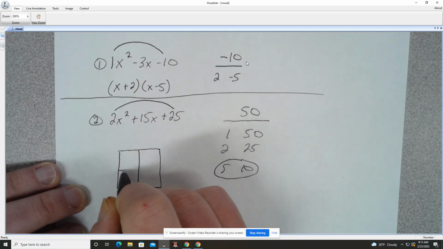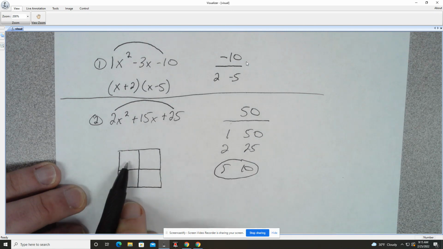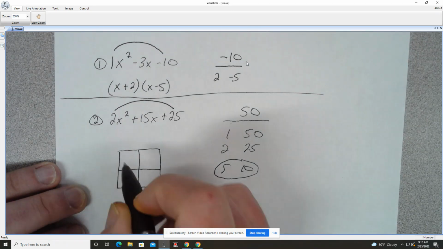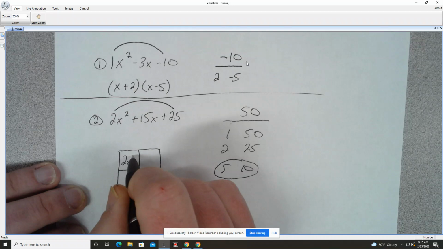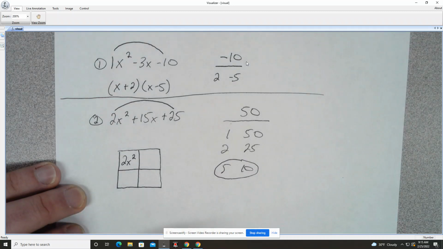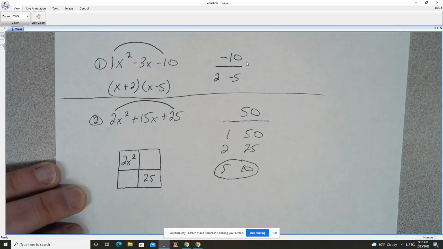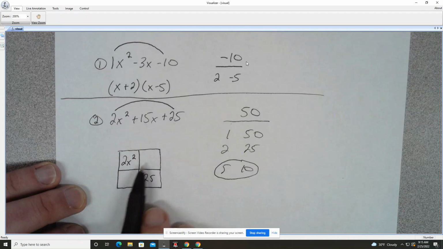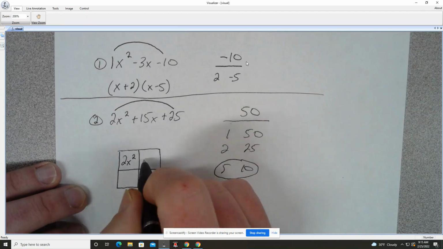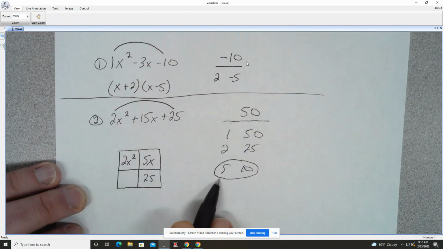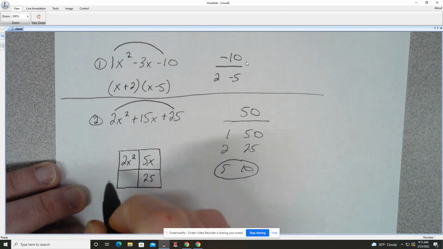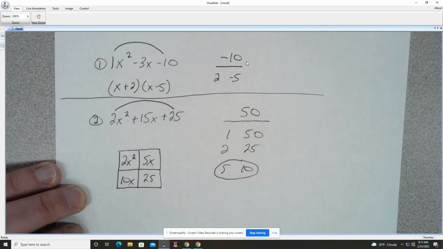Okay, and inside my box, the top left, I'm going to put the first term, 2x squared. In the bottom right, I'm going to put the third term. In the other two boxes, I'm going to put the two factors I came out with, 5x and 10x.